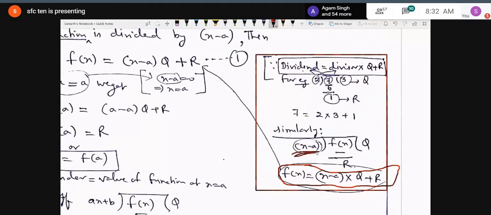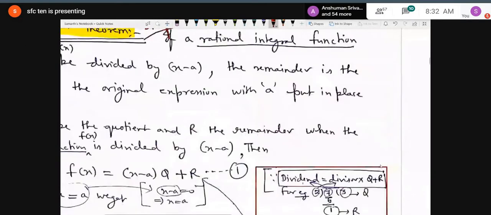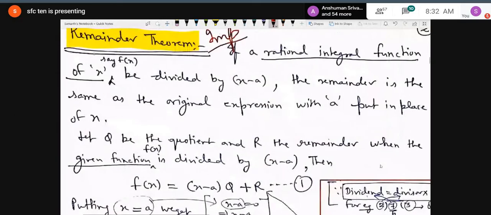Now come to the statement of the theorem: if a rational integral function of x is divided by x minus a, the remainder is the same as the original expression with a put in place of x. You will get the value of the remainder directly, without actually dividing, if you replace x by a.